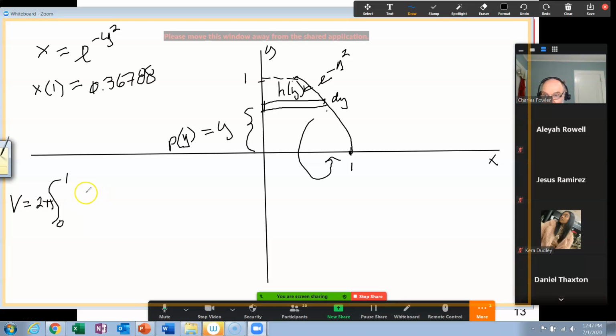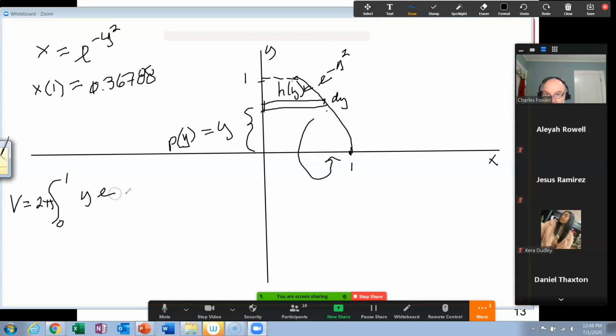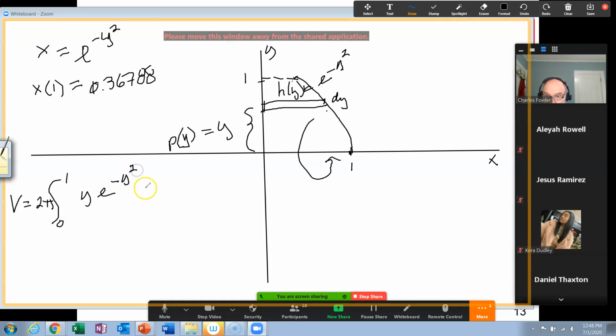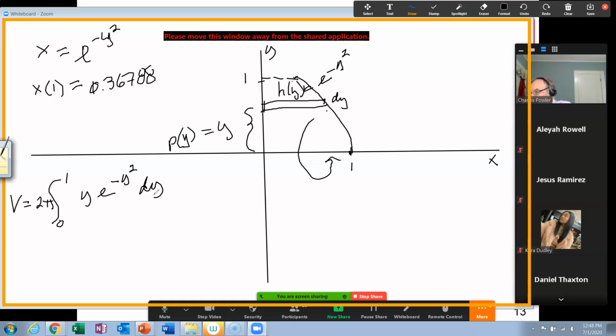Of y times your h, which is e to the minus y squared, and then your thickness is dy. Okay, there we have our integration. Now, this is probably not quite as simple as it's been, but it's not too bad.